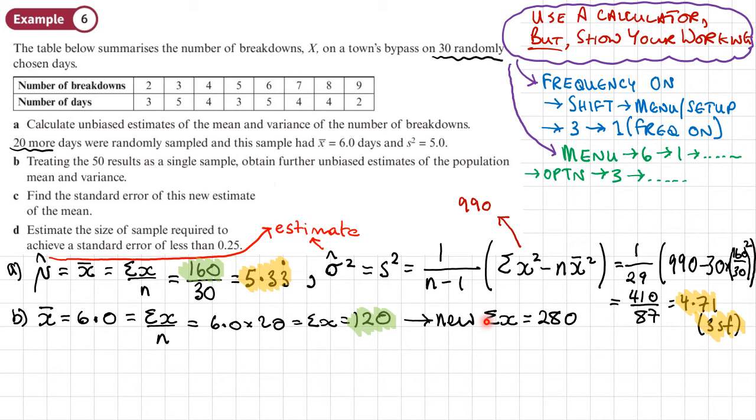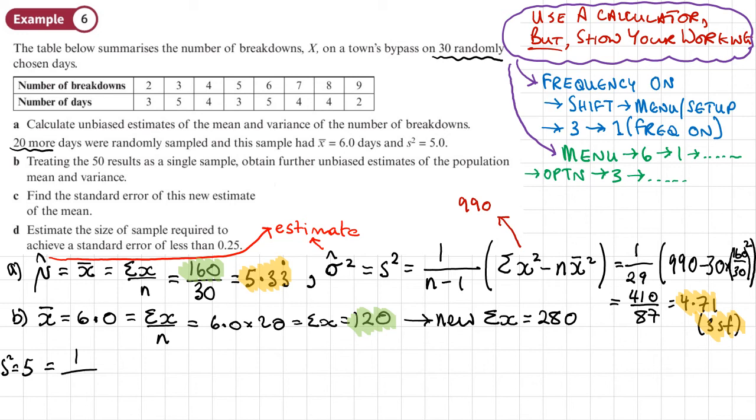So first of all, we need to work out what's x squared for these 20 days that we've got. So we're going to use this formula here because we know this is equal to 5. So we can write 5, which is S squared, is equal to 1 over n.